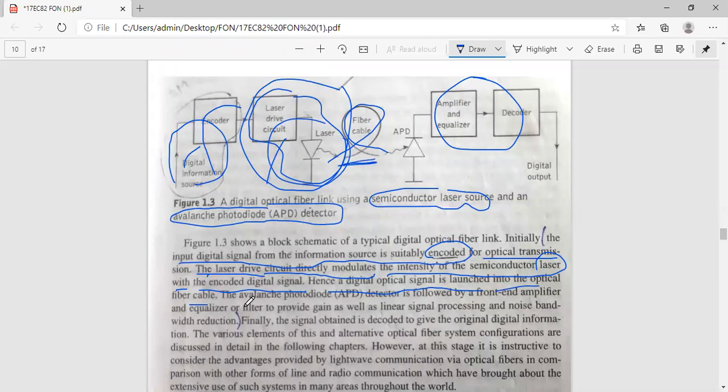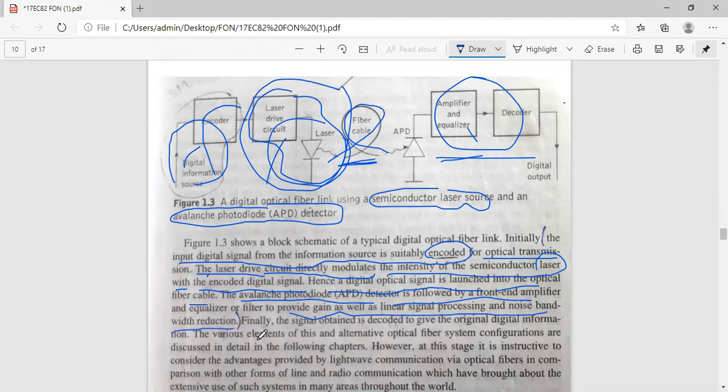This is your medium. Then at the receiving side, the avalanche photodiode is used as the detector. In detail how the detector works is not given here. Just briefly they have mentioned that there is a detector used at the receiver side. It is followed by the amplifier at the end. Here amplifier and equalizer both are used in order to provide the gain as well as the signal processing and the noise bandwidth reduction.